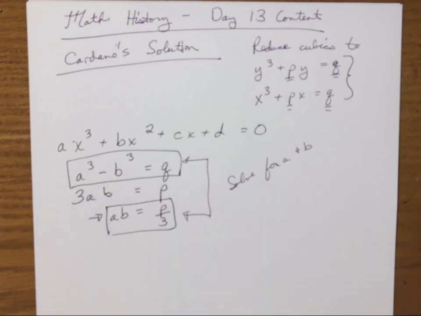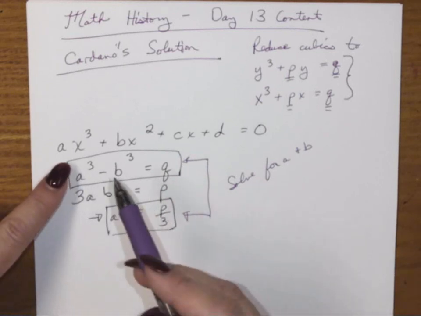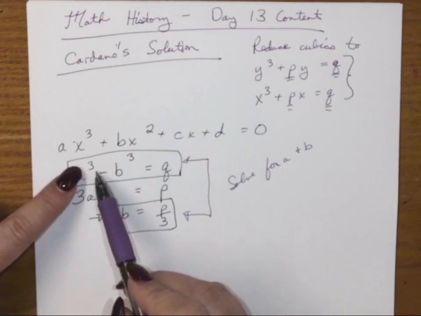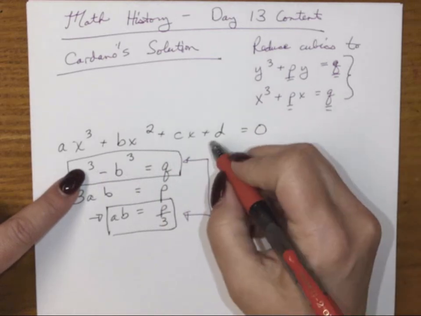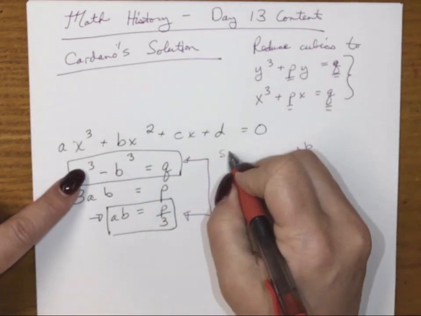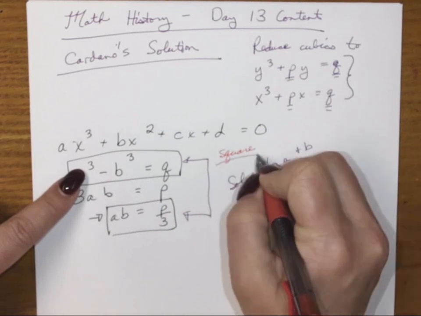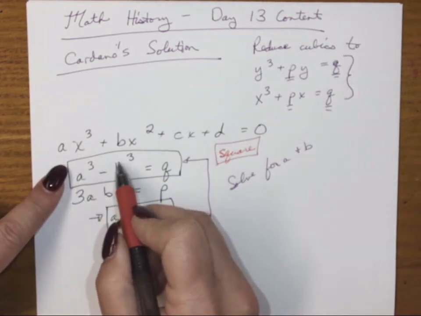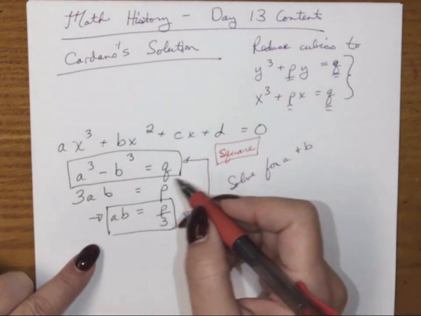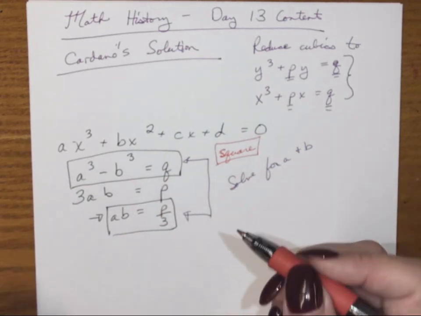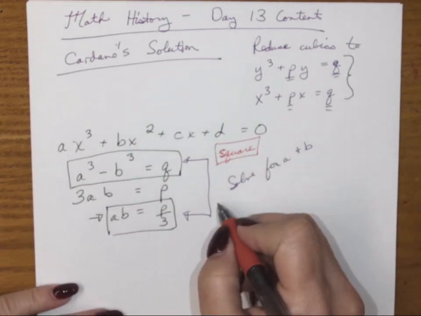And what he came up with was, oh, look, I've got this guy right here, and I want to square this one. So square the first equation. That'll give me stuff that has 6's in it. And then this one, it'll give me 6's in it, and then I'll get some special stuff in the middle. I'll show you that in a second.